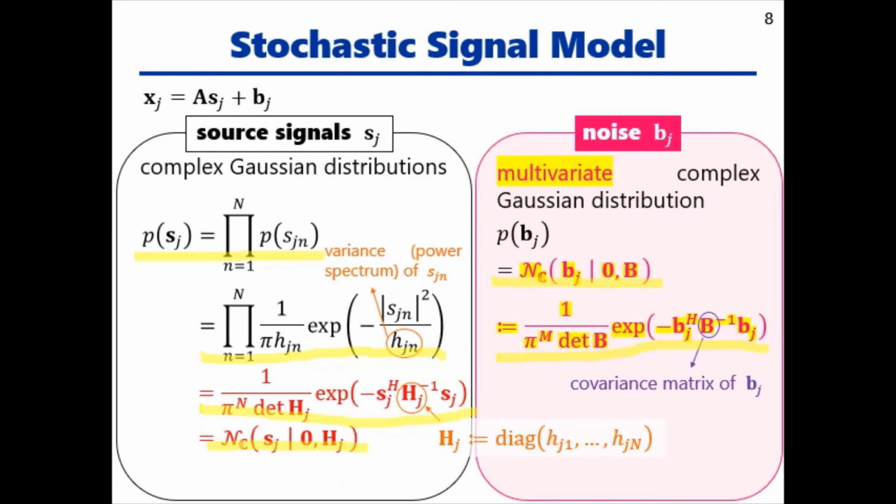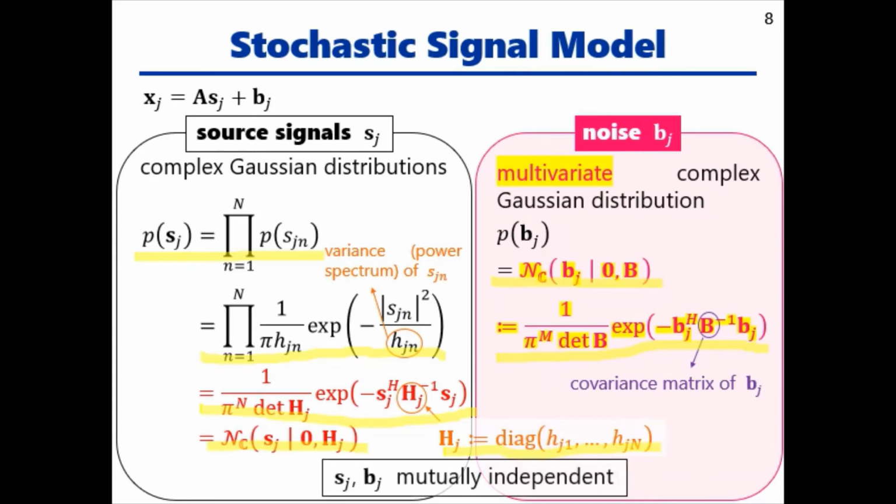Here, H denotes this diagonal matrix. Moreover, we assume that the source signals S and noise B are mutually independent.